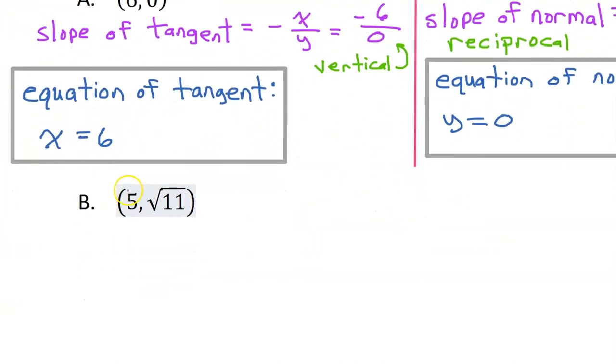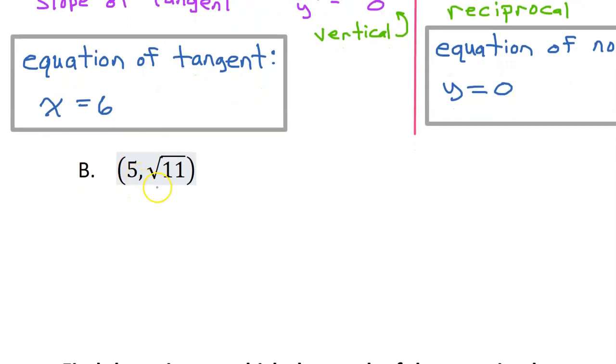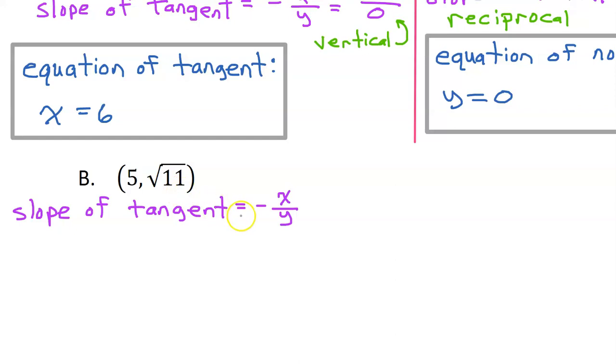So let's move on and find the equation of the tangent line and normal line at this point right here. Let's start with the slope of the tangent line, which will be the opposite of x over y. So in this case, we will have negative 5 over radical 11.